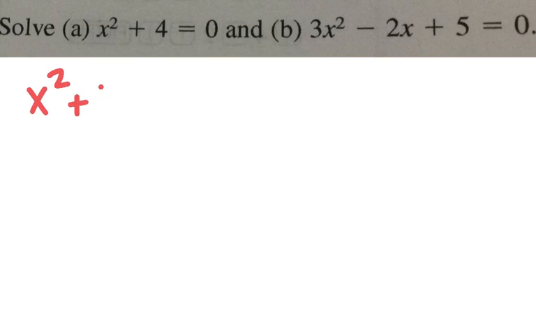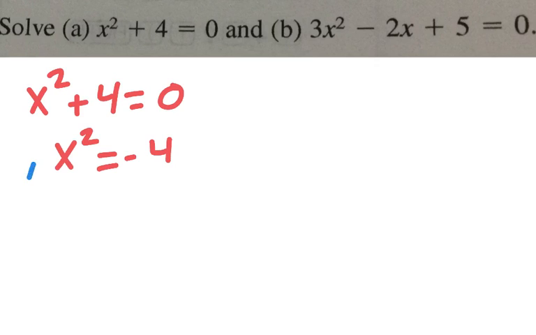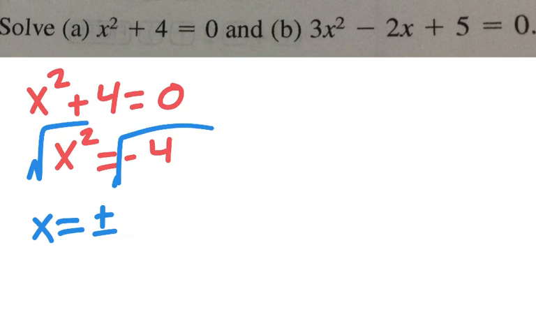So if I have x squared plus 4 equals 0, if I just get x by itself, that means I'm going to subtract 4 from both sides. Then I'm going to take a square root. So the square root of x squared is x. Now whenever I choose to take a square root, I must account for the positive or negative possibility. And now what do I have?